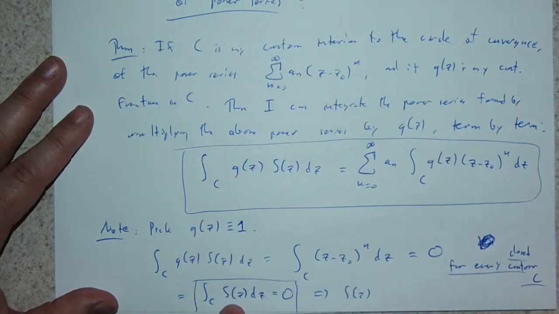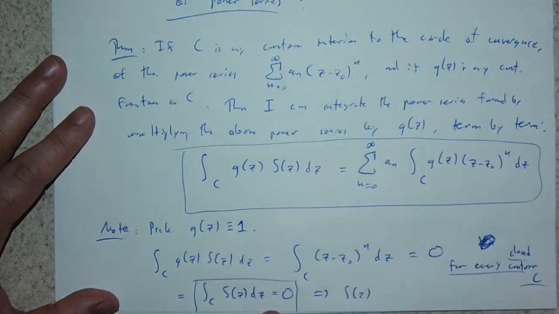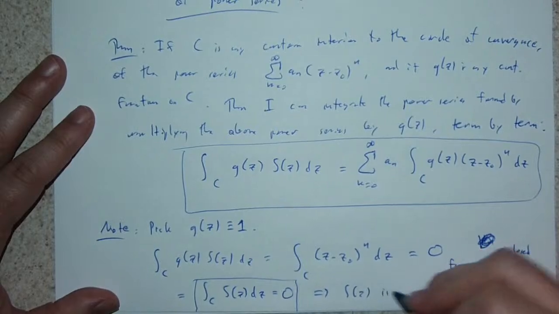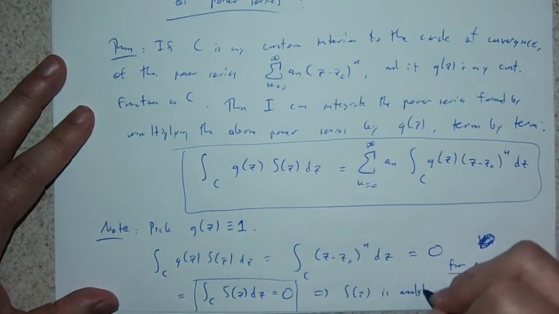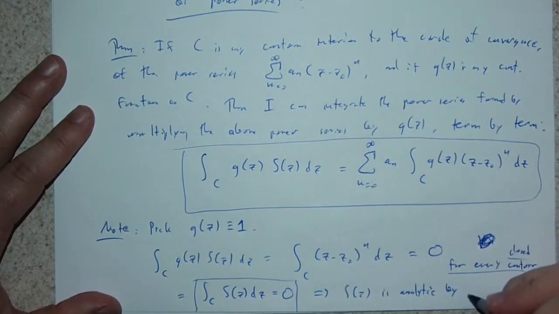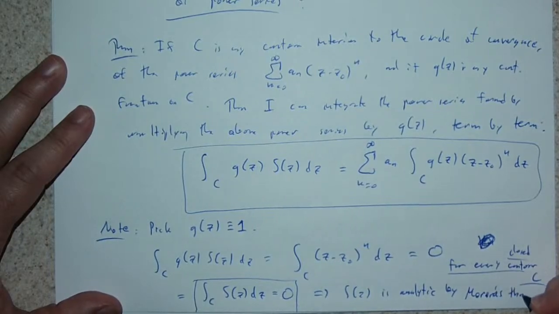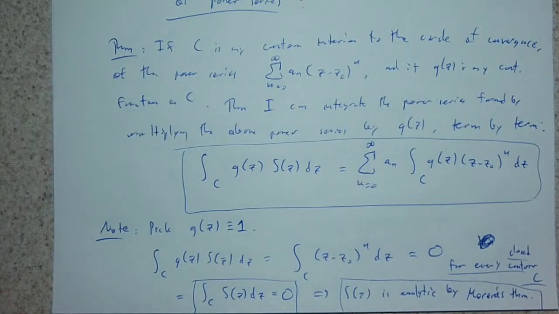If you have a function for which its contour integral over every closed contour in some domain is 0, then this is Morera's theorem. So s of z is analytic by Morera's theorem. Okay, so that's awesome.